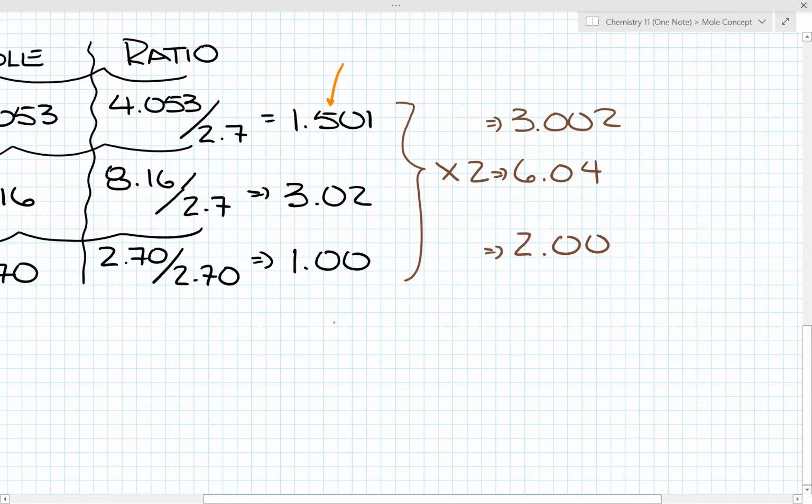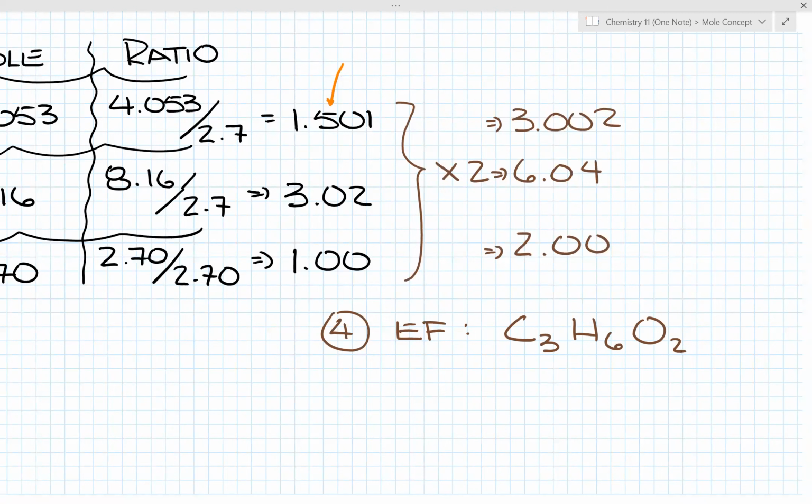Once these numbers are relatively clean, you can write the empirical formula. So that would be C3H6O2. Now, if 2 doesn't work, then you can try 3. If 3 doesn't work, you try 4. If 4 doesn't work, you can try 5.